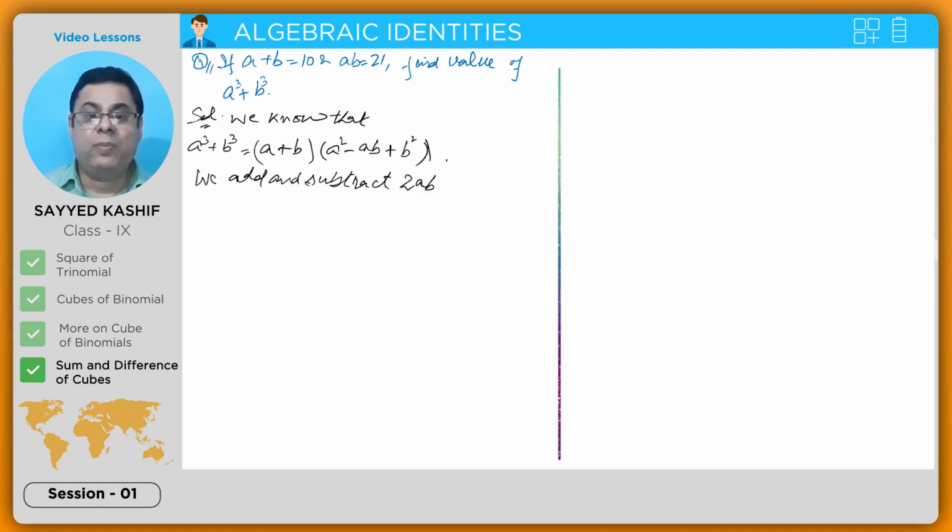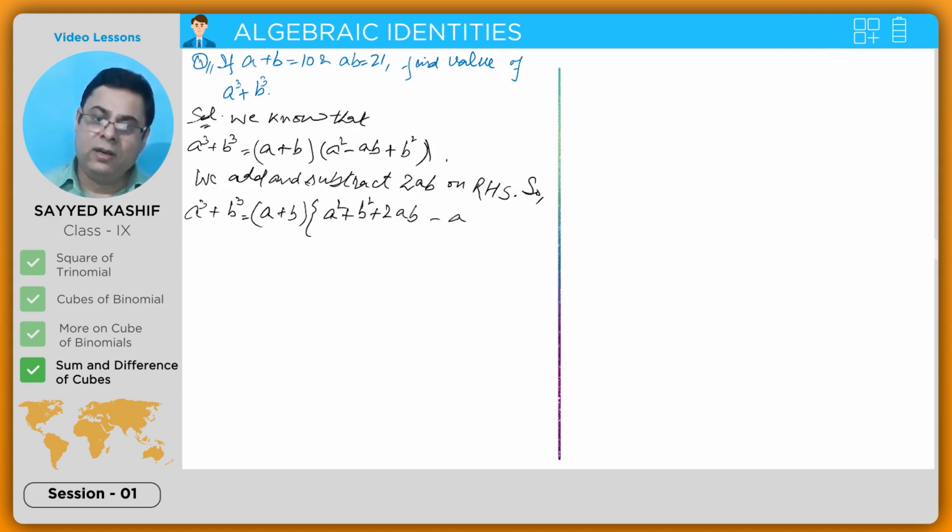So a cube plus b cube is equal to (a plus b) into (a square plus b square plus 2ab, the 2ab that we added, minus ab, it was already there, minus 2ab), because we added plus 2ab, we need to add minus 2ab as well.